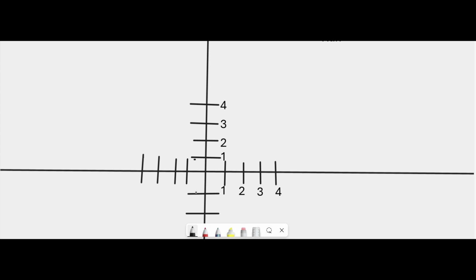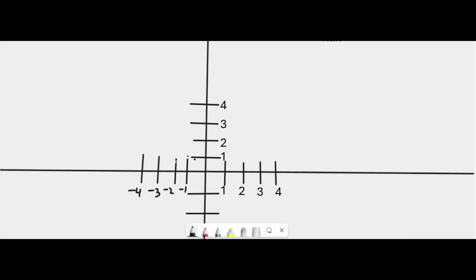Another way for it to be negative would be for it to be in the negatives here. So let me just write this out really quick. So let's say it starts at negative 1, 1 here.